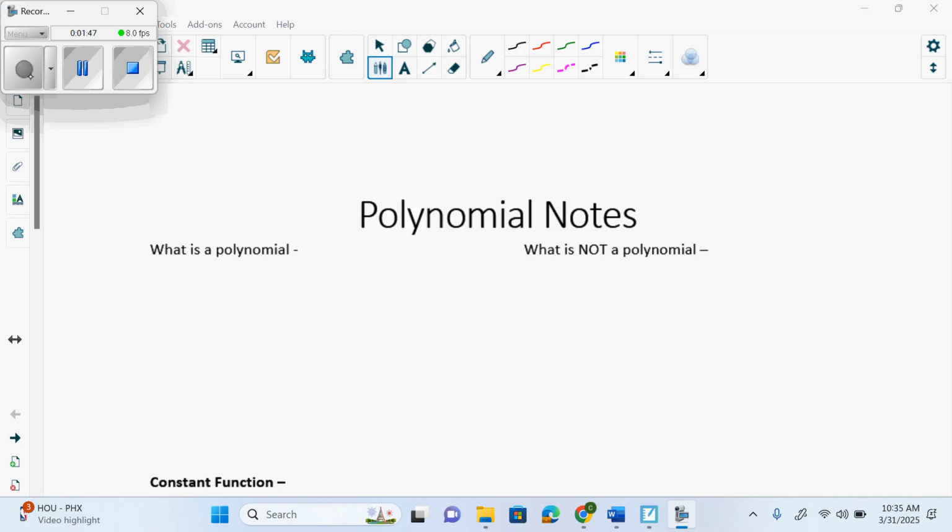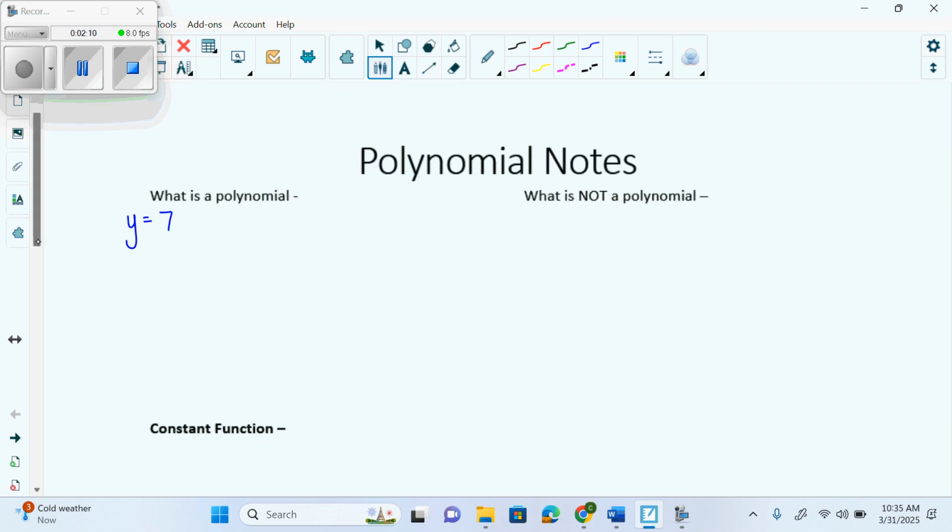I'm going to, instead of giving definitions, show you equations of what is a polynomial and what is not. So what is a polynomial? Y equals 7. That is a polynomial. Why is it a polynomial? Well, it's actually a constant function.